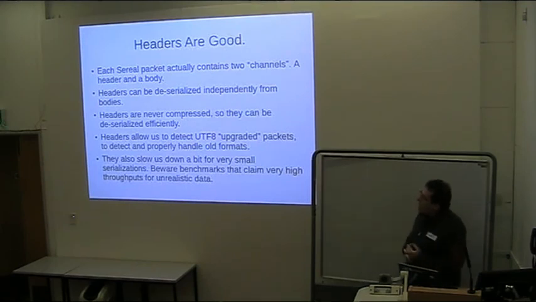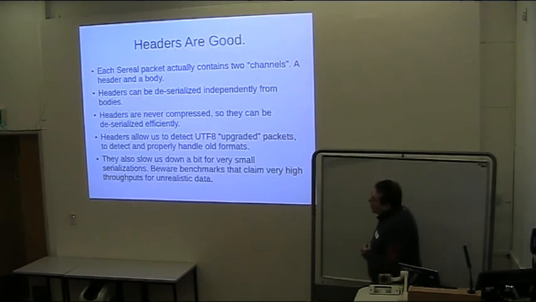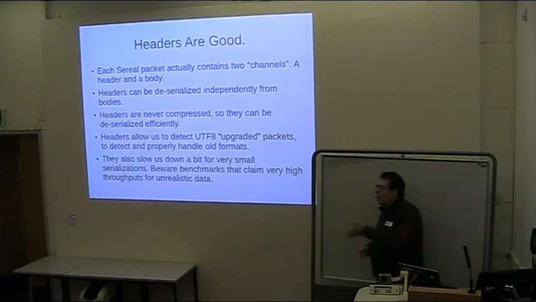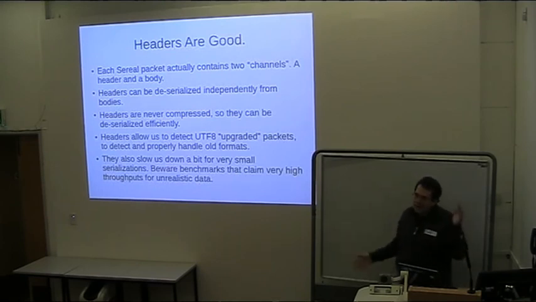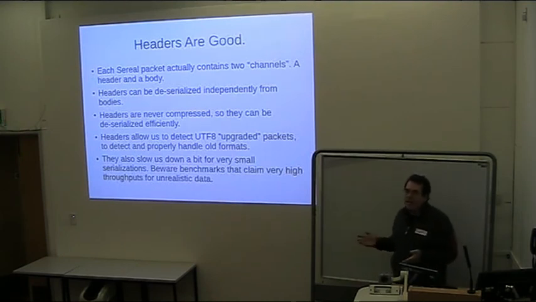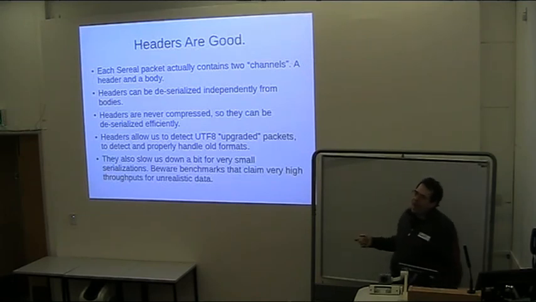Now, one aspect of this that I spent a little more time on in the last week or so than I really should have, is that there are a number of people out there benchmarking Sereal against CBOR and various other serialization packages, and coming up with some really bizarre numbers, right? One of the tests they do is to see how quickly you can serialize an empty hash.